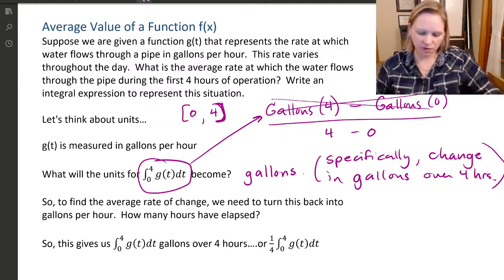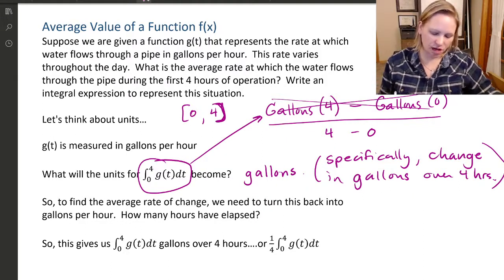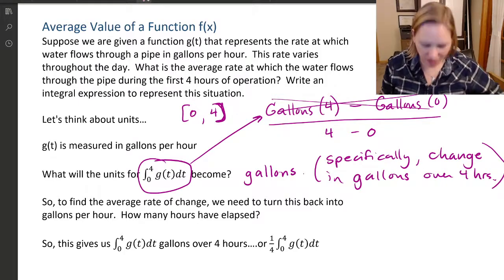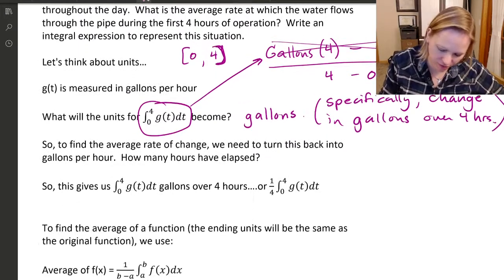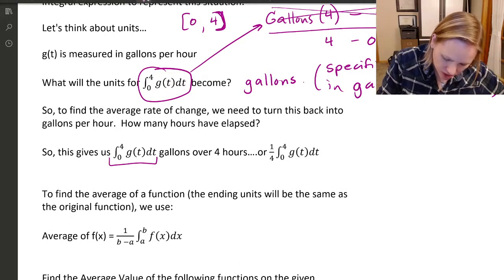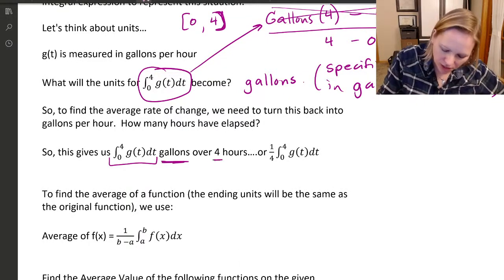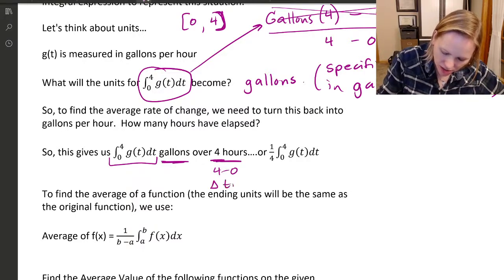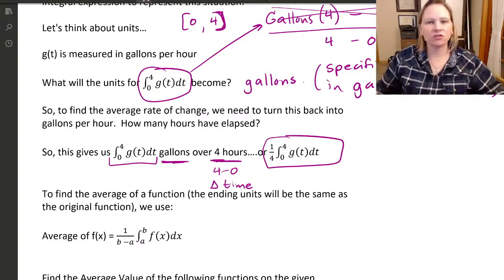So to find the average rate of change, we need to turn this back into gallons per hour. So we need to divide by time, right? And if 4 hours have elapsed, then we're going to take this integral, which is gallons, and we're going to divide it by 4 hours, which is the 4 minus 0. This is the change in time. And we get this integral.